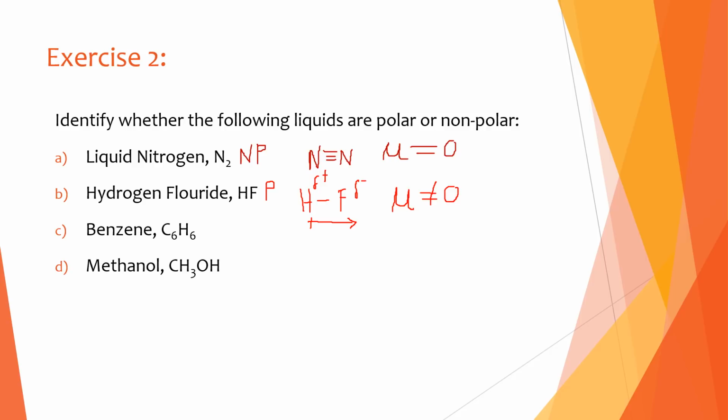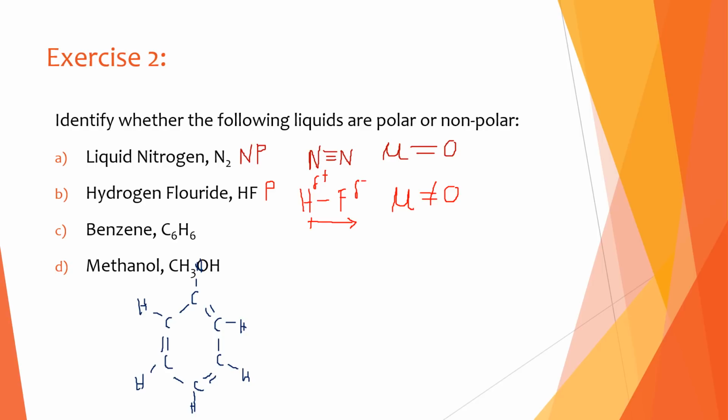Next, you will have benzene. For benzene, the Lewis structure will look like a ring, where each carbon has an H atom attached to it. First thing first, check whether benzene has a polar bond or not.